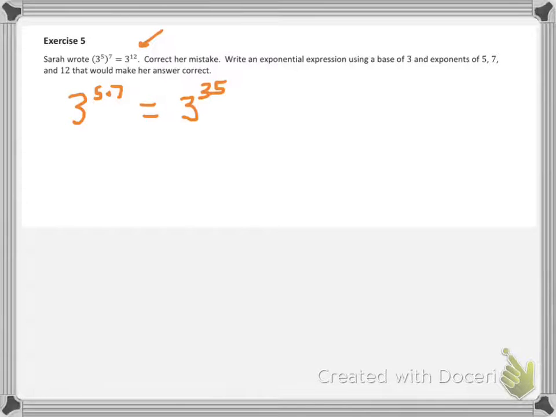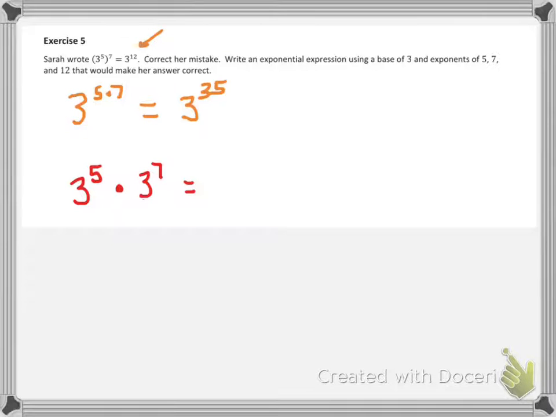So I think that Sarah looked at this and got a little confused about what was going on. So here's what I think Sarah did. Sarah thought that if we had 3 to the 5th power and we multiplied that by 3 to the 7th power, then we know from our last lesson, when you multiply bases that are the same with exponents, you add the exponents.